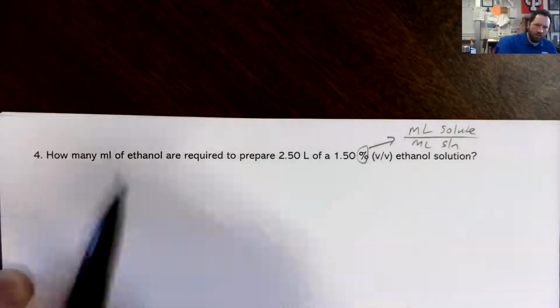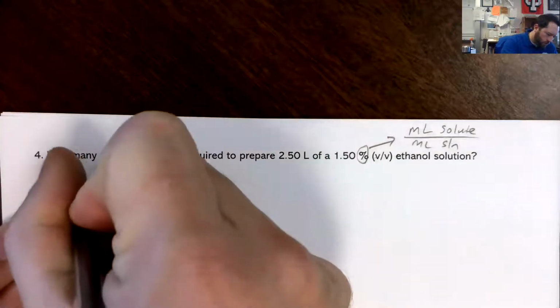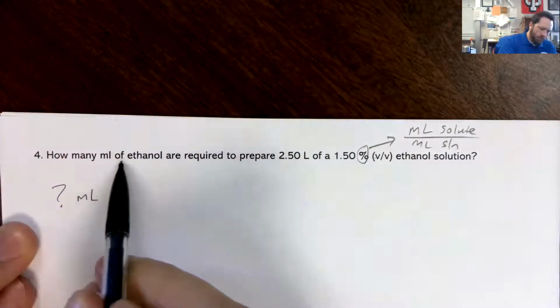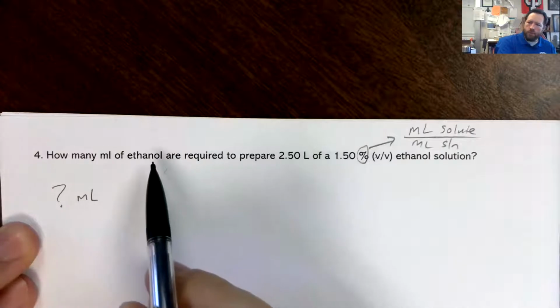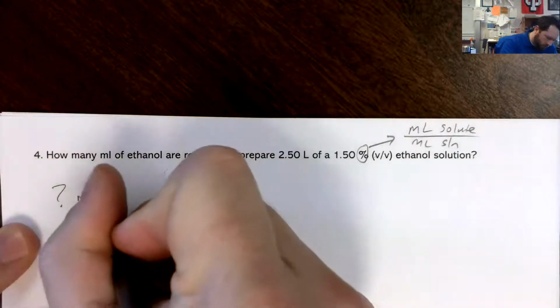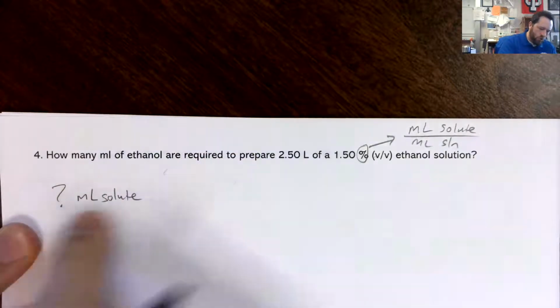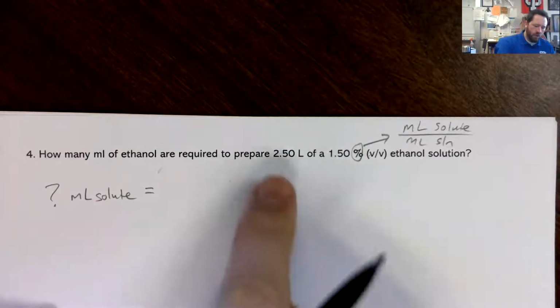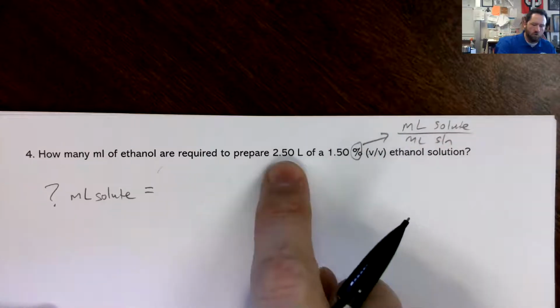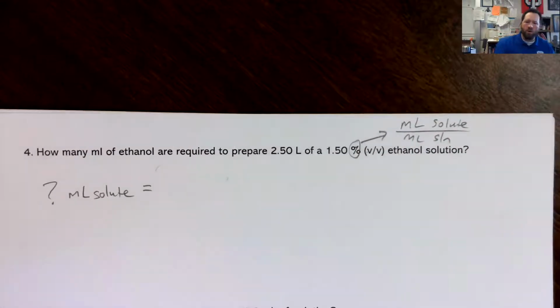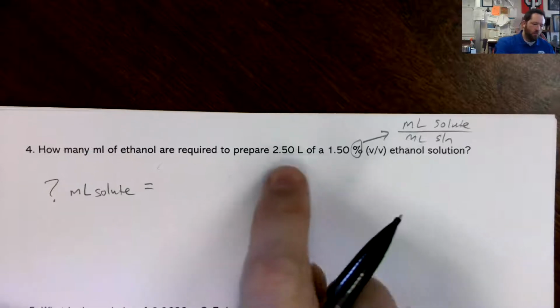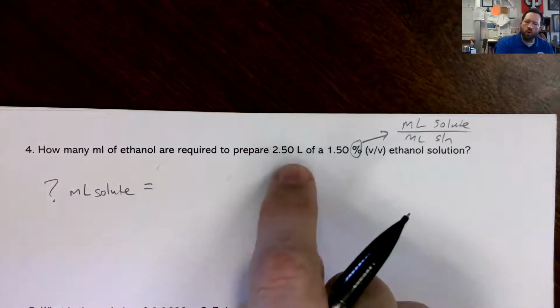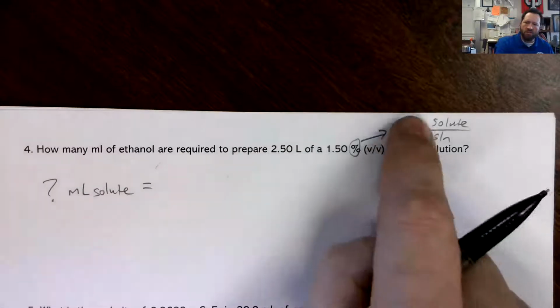All right, so they're asking for how many milliliters, so question mark milliliters of ethanol. Ethanol is going to be our solute, so how many milliliters of solute are equal to, again, we've got two numbers here, 2.50 and 1.50%. We want to work with the one that has just one unit. Look at this as a double unit.